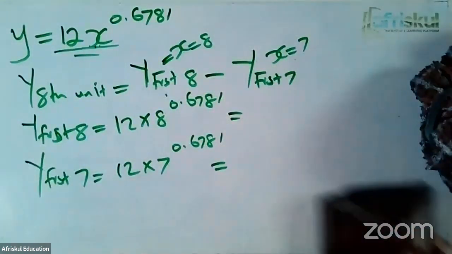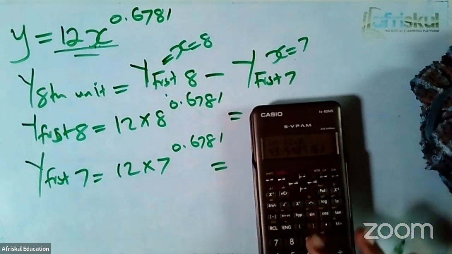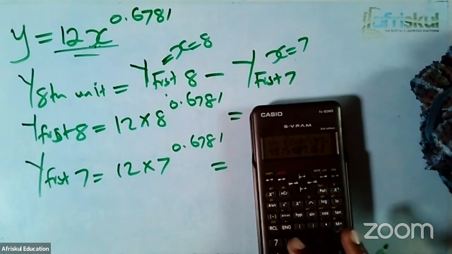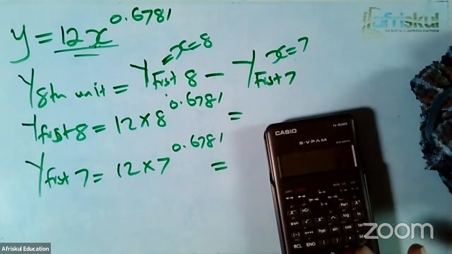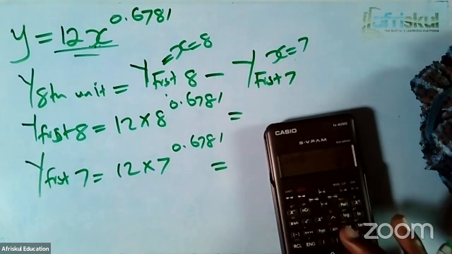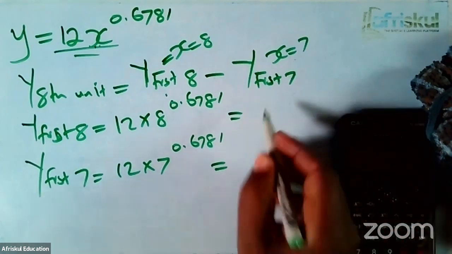So then using your calculator, we have 12 times 8 raised to 0.6781, which will give us 49.15.